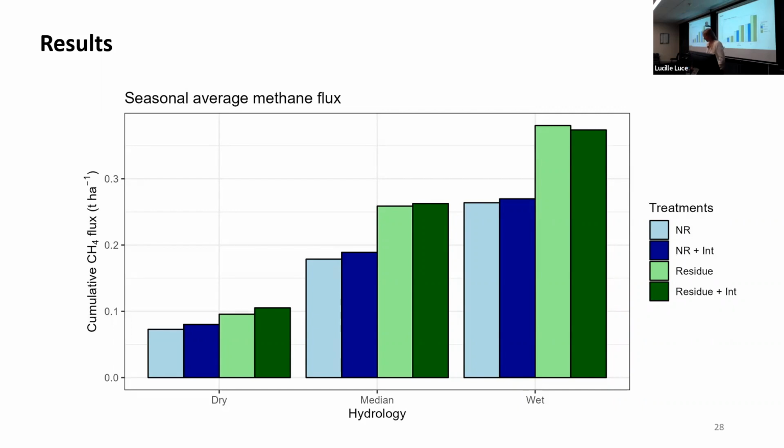But what's really interesting here is that when you add residues back into those systems, in wetter environments you have a much larger range of possibilities, whereas if you add that residue into a drier environment, from a methane perspective it's fairly negligible compared to the no residue or stubble only treatment.